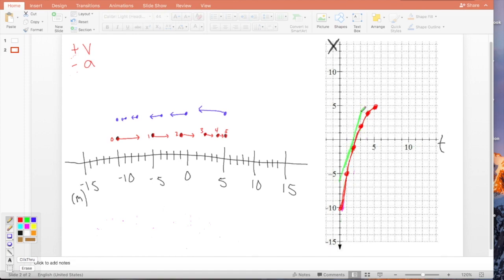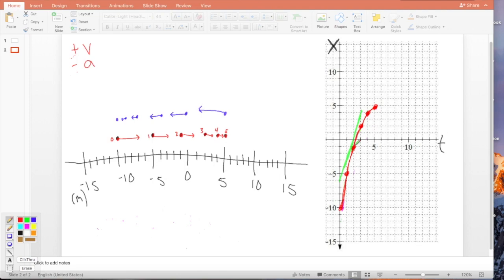So you can see I've done my best to draw a tangent line, a line that kind of represents the slope at that point when time is 2. It should hit the line just one time and then keep going. That's the definition of a tangent line. If I find the slope of that tangent line, it should approximate for me, it may not be exact, but it should approximate for me the velocity at 2 seconds.